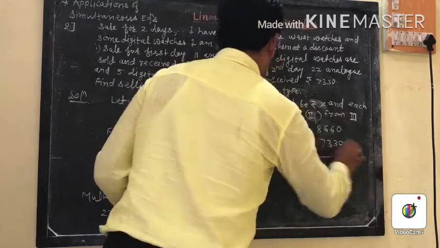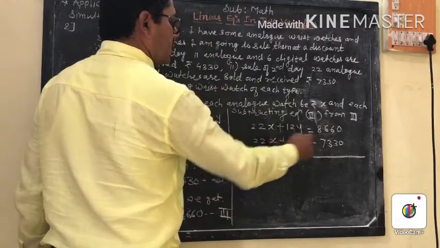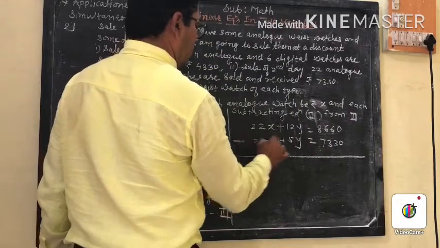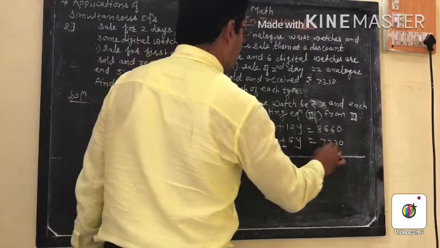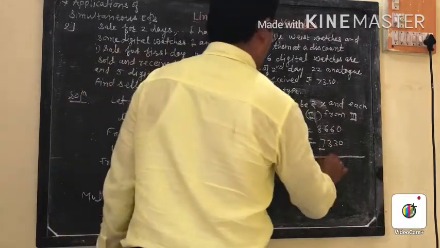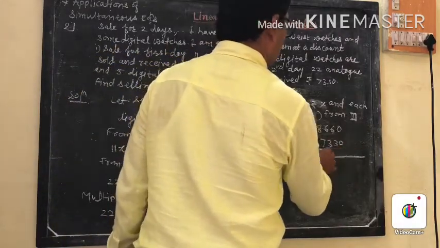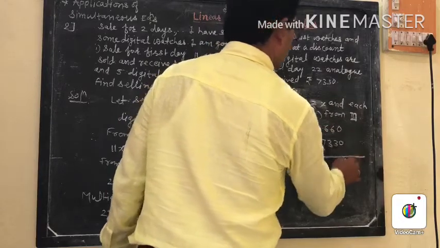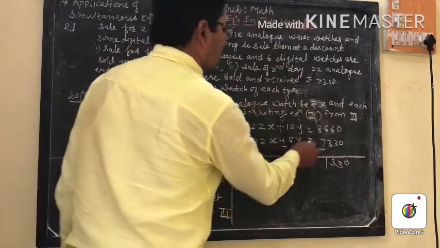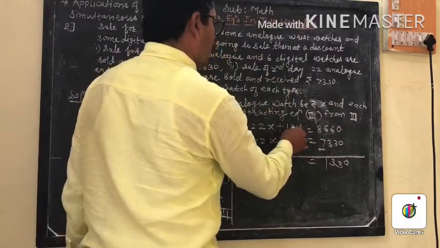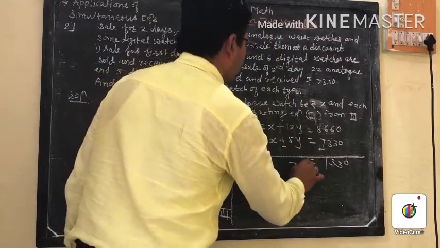If we subtract, the minus sign is multiplied to all the terms, minus plus minus, then addition. 8660 minus 7330 gives 1330 remaining. Plus 12 minus 5 is 7y.